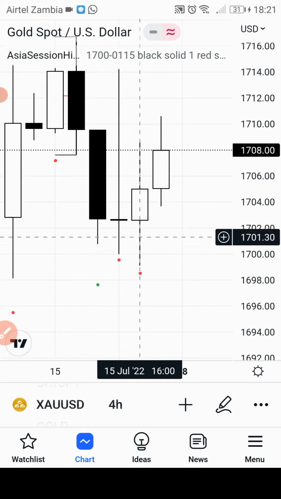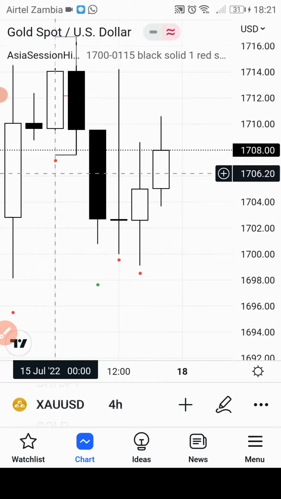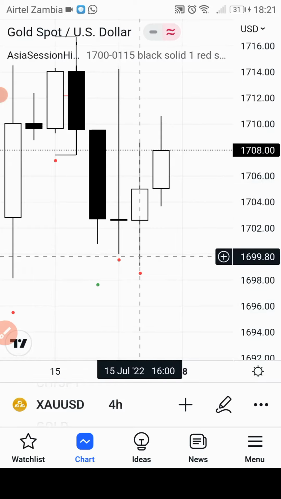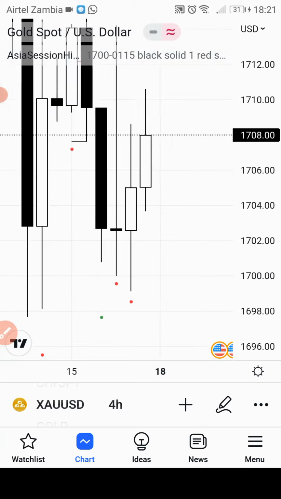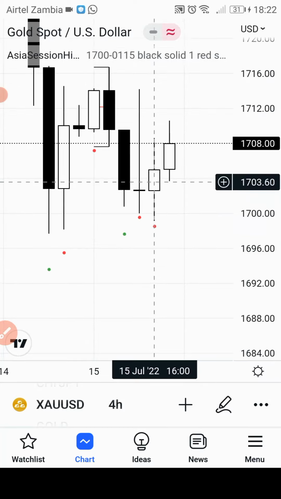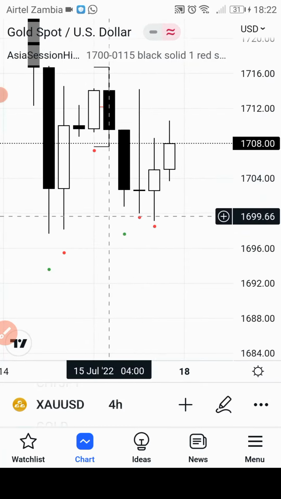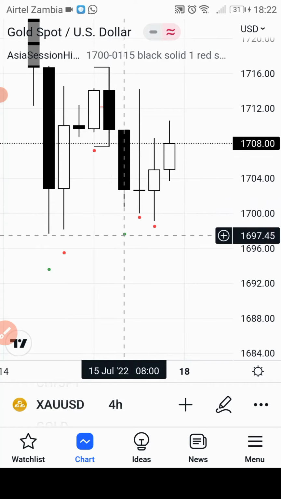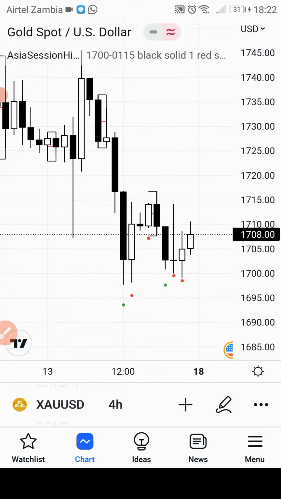Since this candle took out the low of this candle, which is the lowest low of these 3 candles, it means we'll be looking for sales. That's how you identify your direction of bias. Whether this candle closes blue or whatever color, as long as it took out the low of the recent 3 candles, we'll be looking for sales.